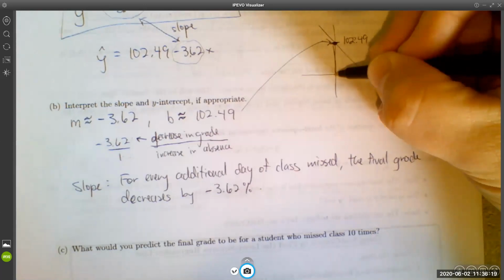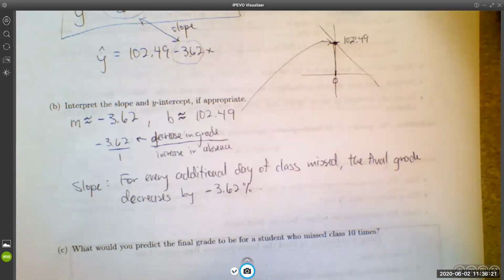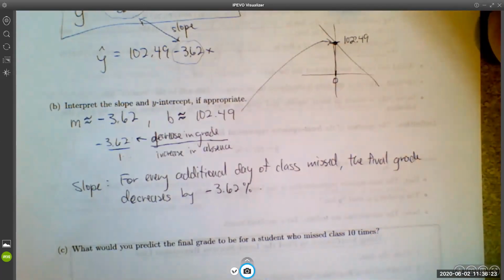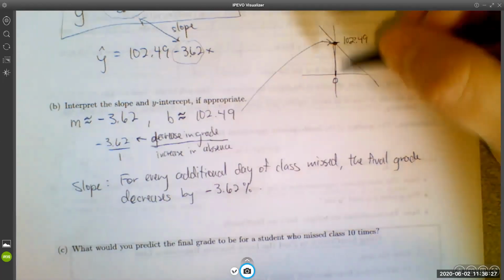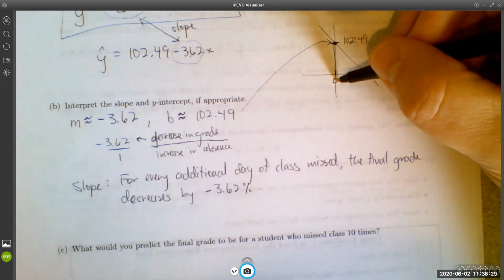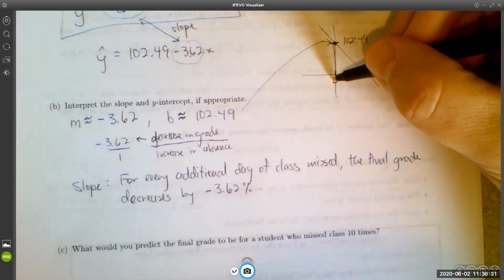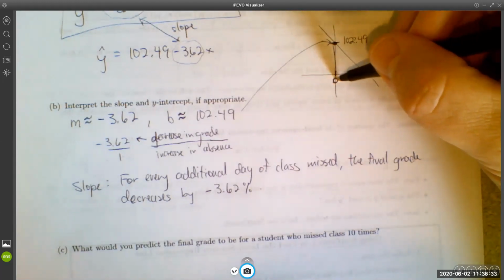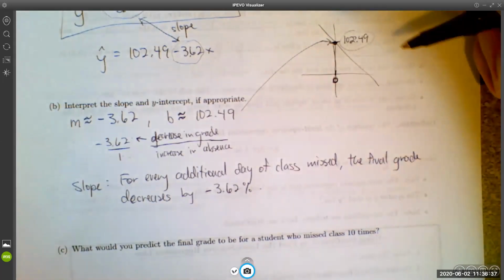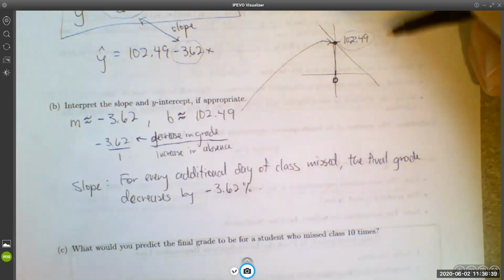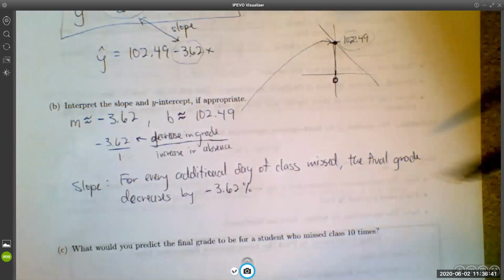Well, the corresponding x value is, of course, 0. So the y-intercept represents what would happen if a student didn't miss any class. If a student misses 0 classes, then they can expect to end the class with a grade of 102.49%. Probably not, right? That's the interpretation of the y-intercept.